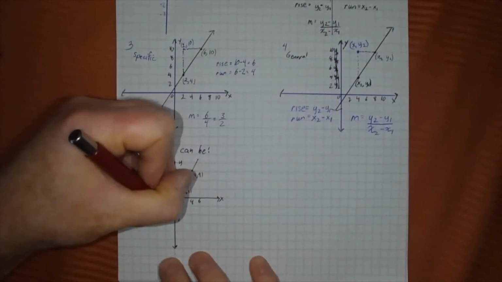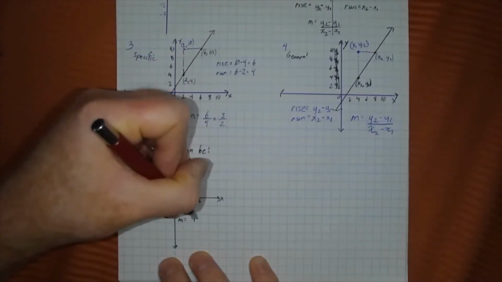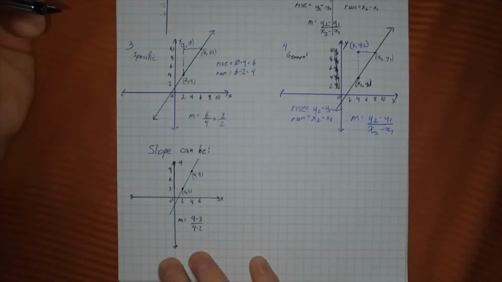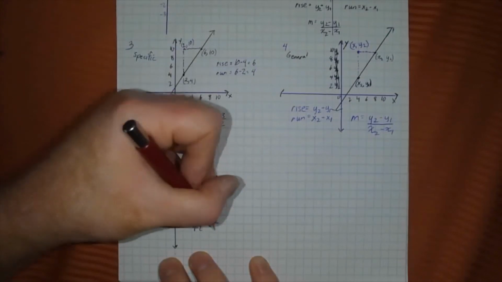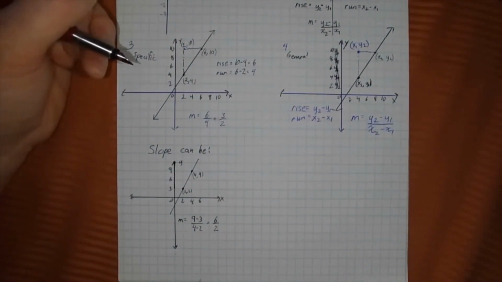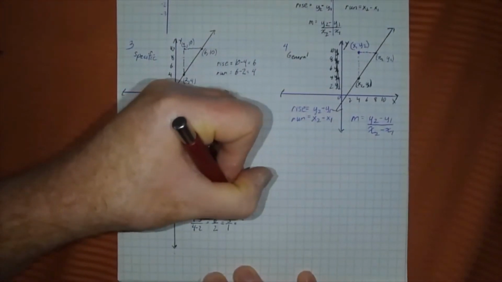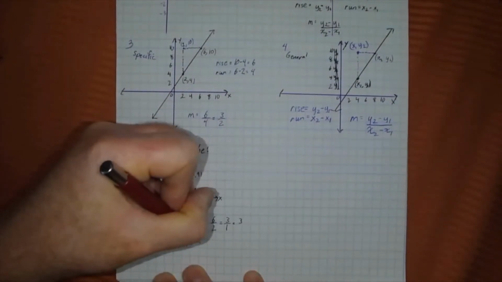My slope is going to be 9 minus 3 over 4 minus 2. Six over 2, or 3 over 1, or just 3. I have a slope equal to positive 3.